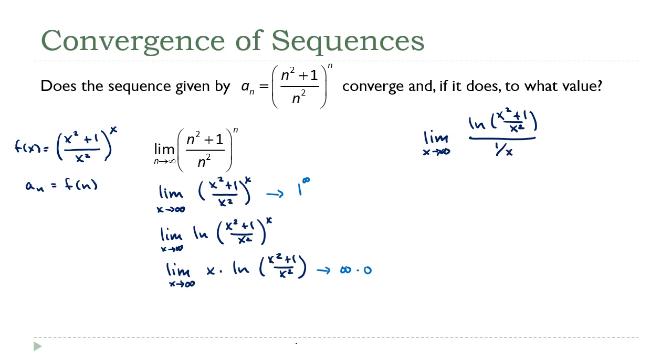Right now, this is 0 over 0. That is an indeterminate form. So L'Hopital's rule applies.